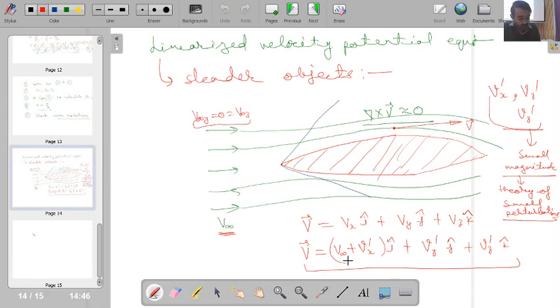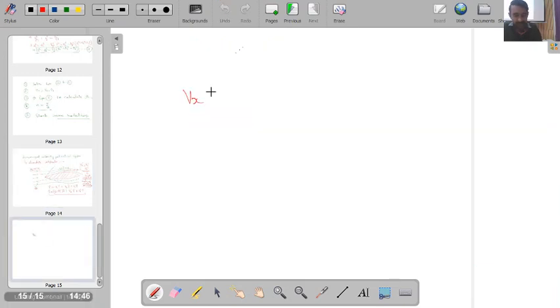The total velocity in x direction is V infinity plus Vx dash, which can be written as del phi bar by del x.